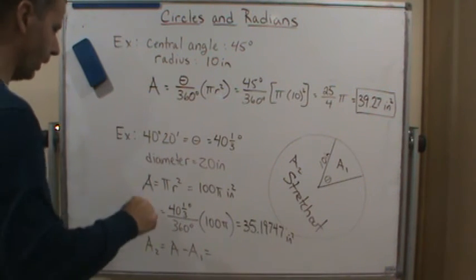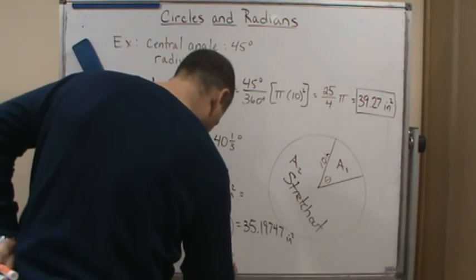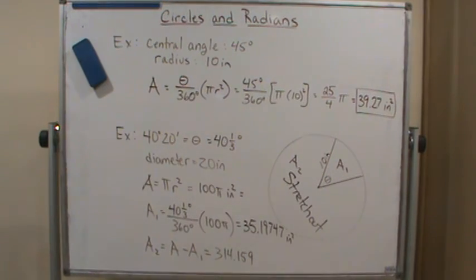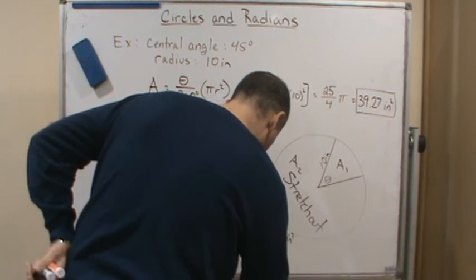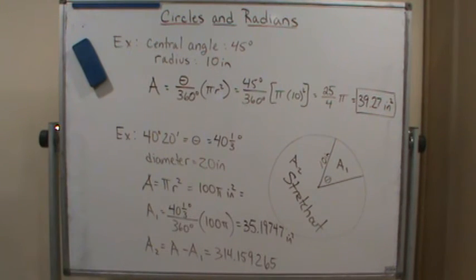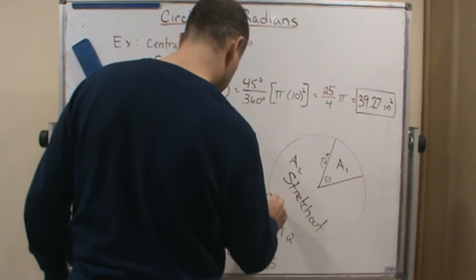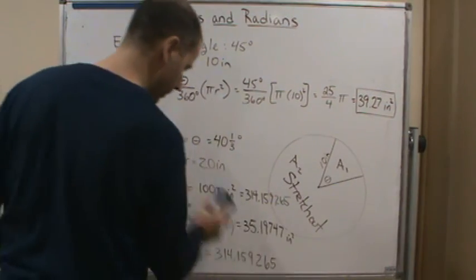For the area of the circle, we get approximately 314.159. Sorry, I wrote it in the wrong place.